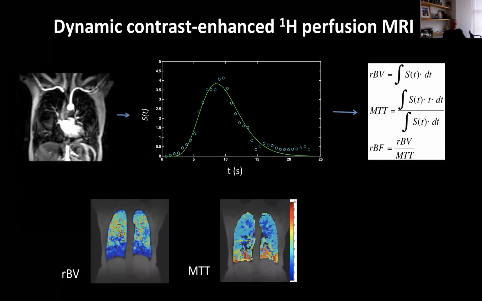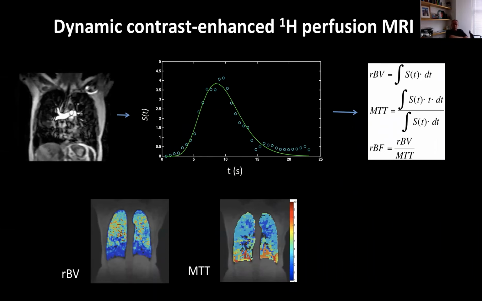And from the passage of that agent, using tracer kinetic theory, we can compute maps of regional blood volume, regional blood flow, and mean transit time, so the time it takes for the contrast agent to clear the lungs. And all of those tell us something quantitatively about lung perfusion that we can't actually achieve with conventional methods.